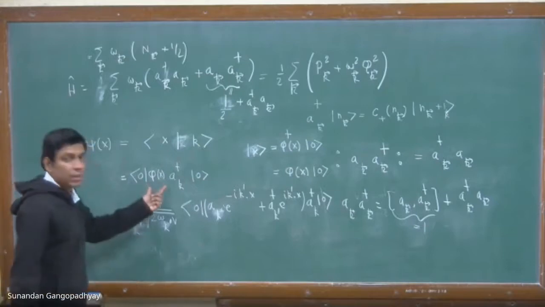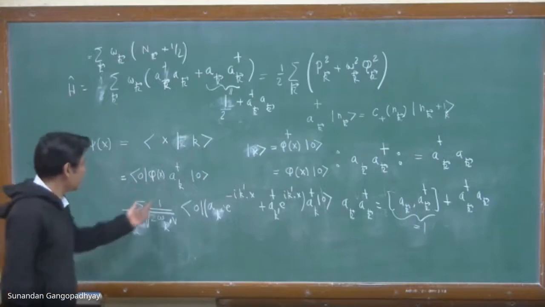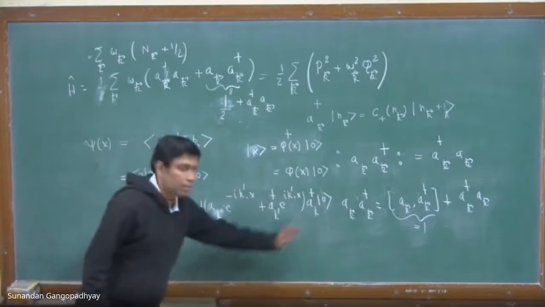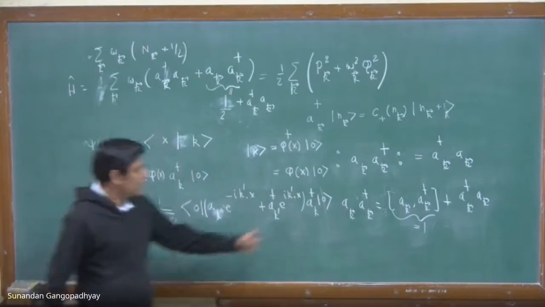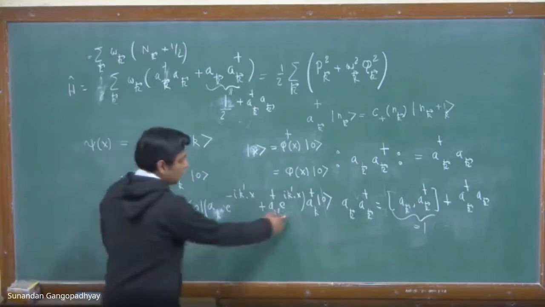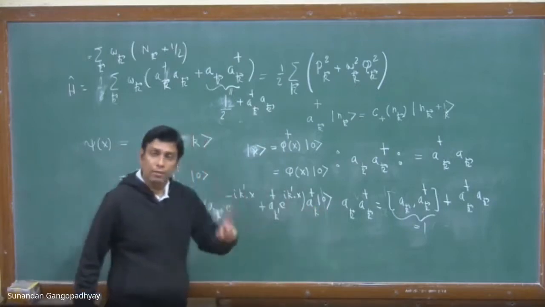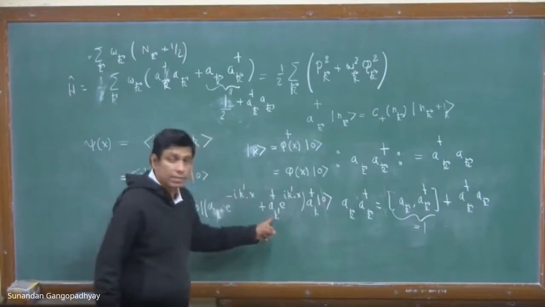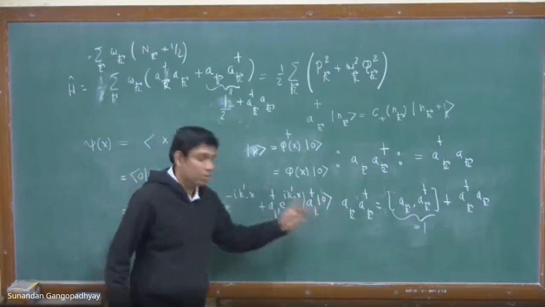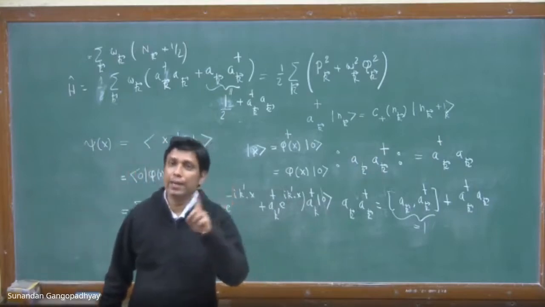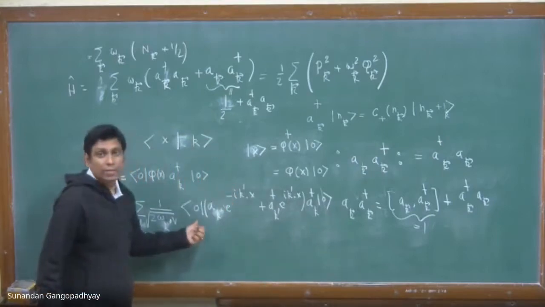So what we have done is substitute the mode expansion for phi of x in this equation, and we get this thing. Now you see that this state, let us consider the last term, a dagger k creates a particle with momentum k, then it creates a particle with momentum k prime. So you get a state which contains two particles with momentum k and k prime, and the other side is vacuum.